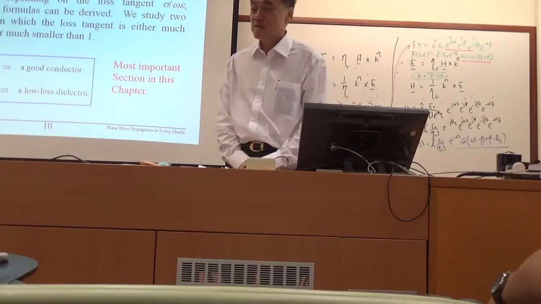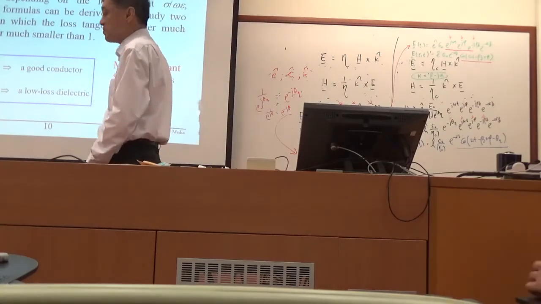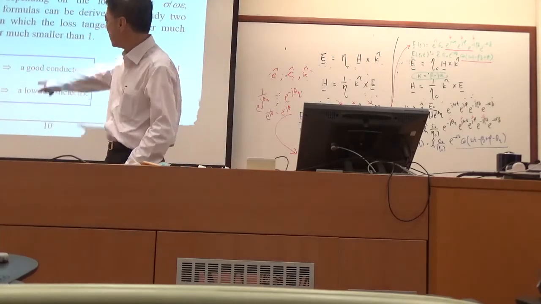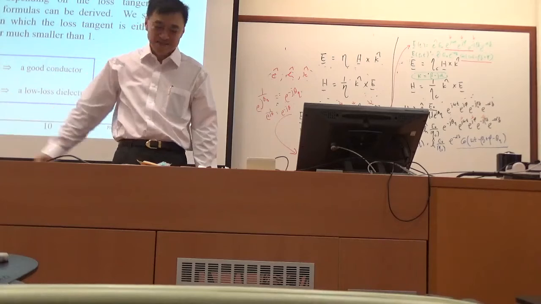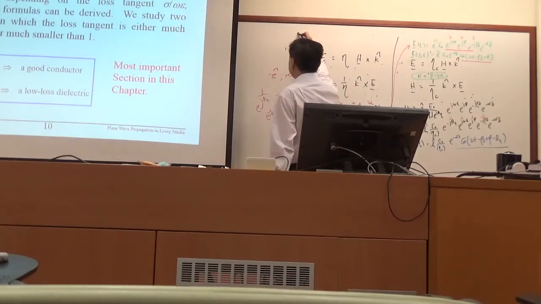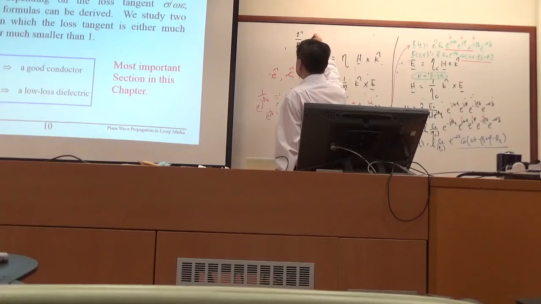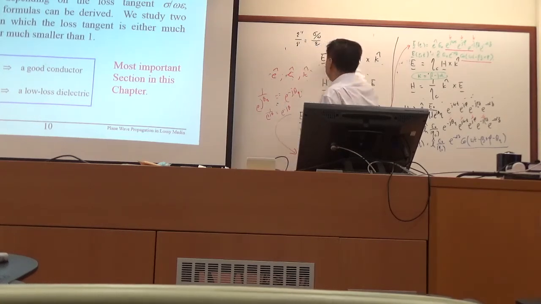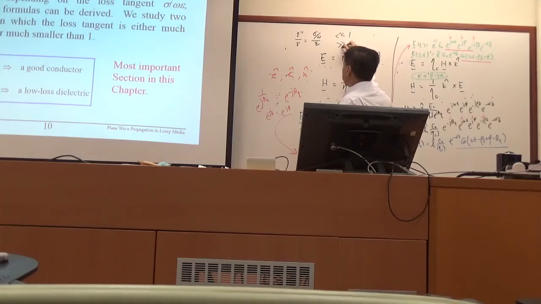Now, once again, the two special cases. Why is this one like this? Just now, we said that epsilon double prime over epsilon prime is equal to sigma over omega epsilon, whether it's very much smaller than 1 or very much bigger than 1.